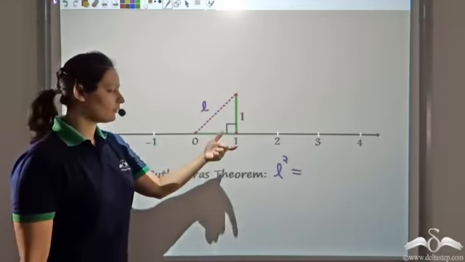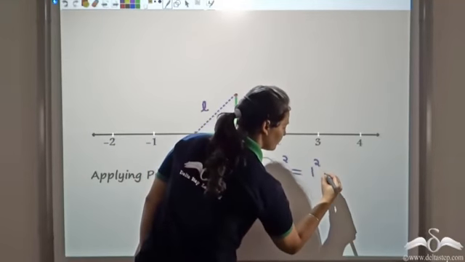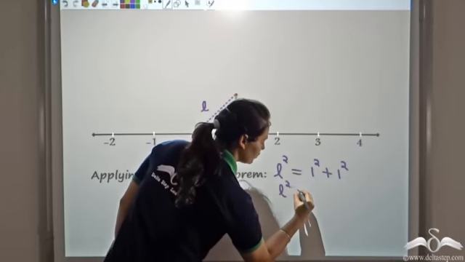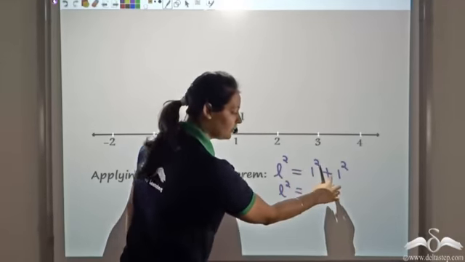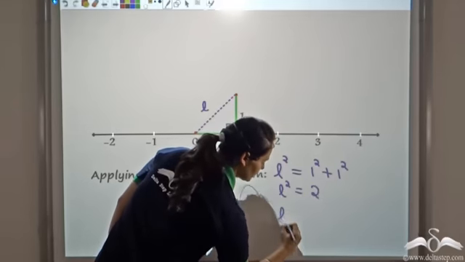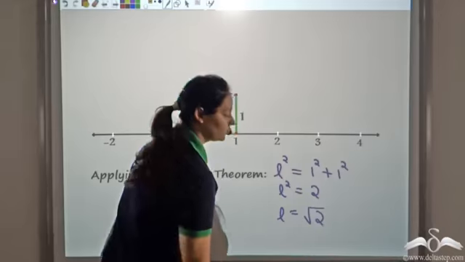This is 1, this is also 1, so it would be 1 square plus 1 square. So L square turns out to be 1 square, which is 1, plus 1, which is 2. Taking positive square root, I get L as under root 2.